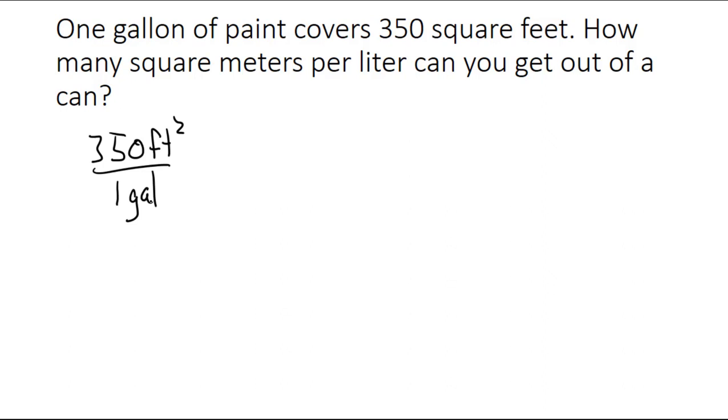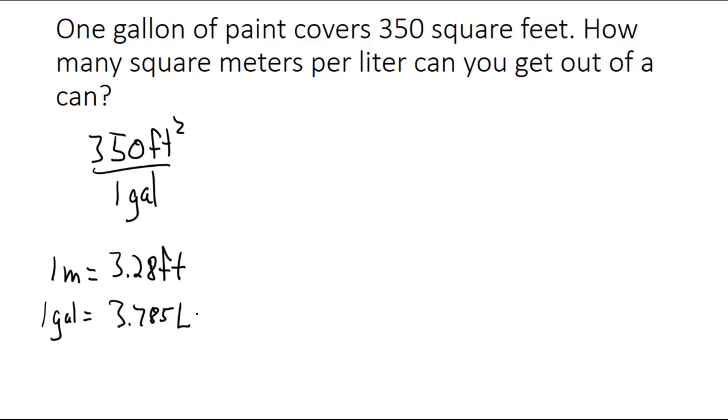A couple of things that I'm going to need for this: I need to know that 1 meter is equal to 3.28 feet, about, and 1 gallon is equal to 3.785 liters, and I'm going to use a capital L to stand for liter. That's the accepted metric system abbreviation, or one of them. All right, so there I have it.